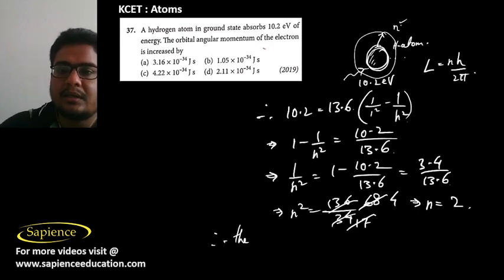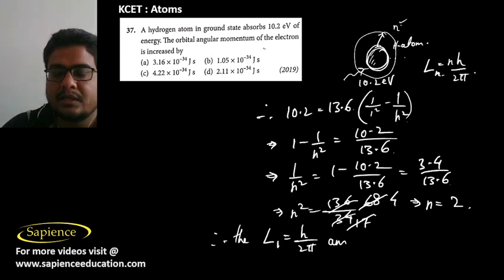So here this is Ln. Therefore the orbital angular momentum in the ground state, that is L1, is h by 2 pi, and the orbital angular momentum in the first excited state, or for n is equal to 2, is equal to 2h by 2 pi.